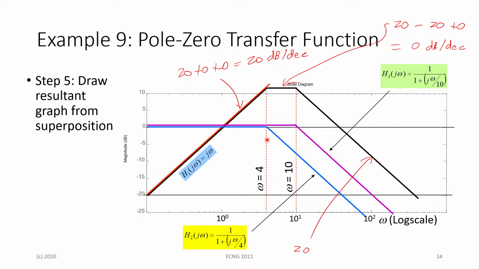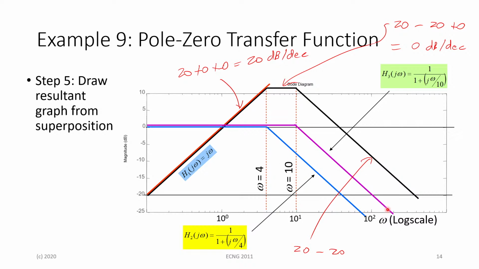And then our H2 subsystem, we basically see for everything after omega equals 10, the gradient of this line here is minus 20 decibels per decade. So let's write that in as well. And then for the H3 subsystem, this here is also minus 20 decibels per decade after omega equals 10.